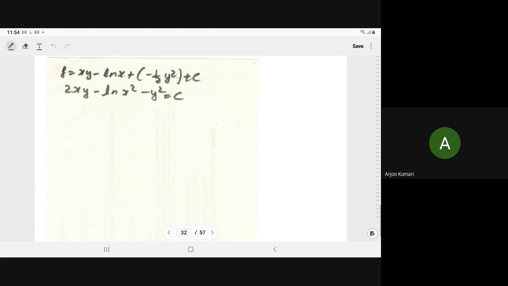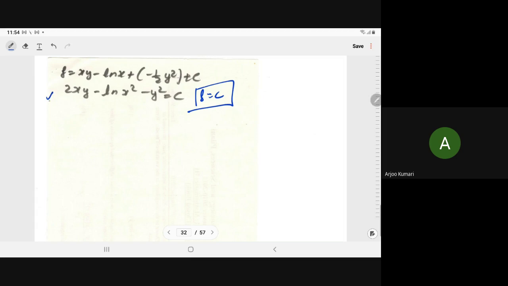So our solution will become f is equal to xy minus ln x plus g(y). g(y) is minus 1 by 2 y square plus c. Then always in writing the solution, you put f is equal to c. This is the correct form for the solution of the exact equation. So it will become 2xy minus ln of x square minus y square is equal to c.